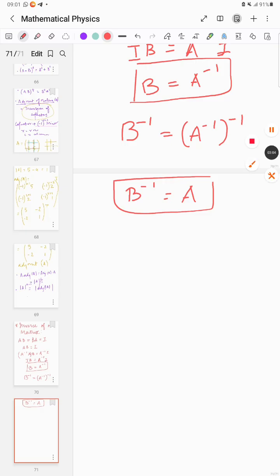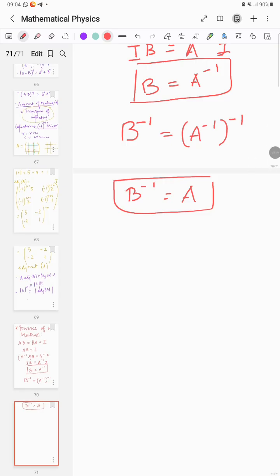Now let us look into some of the properties of A inverse. So what are the properties of the inverse of a matrix?